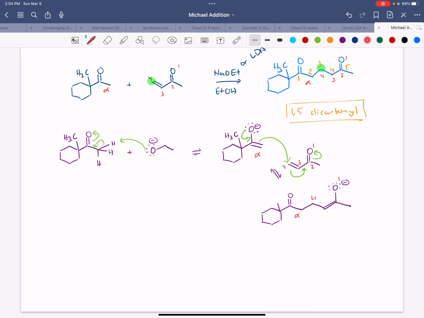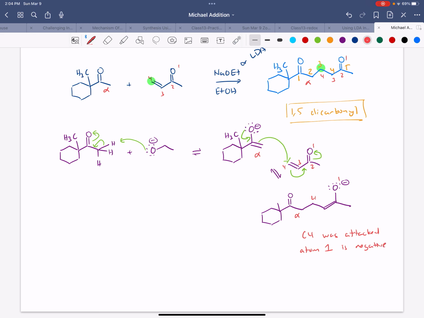So at this point, I'm going to say something like this: carbon 4 was attacked, and atom 1 is negative now.